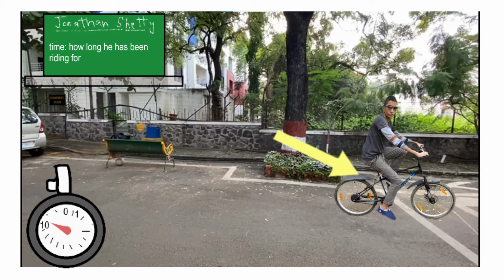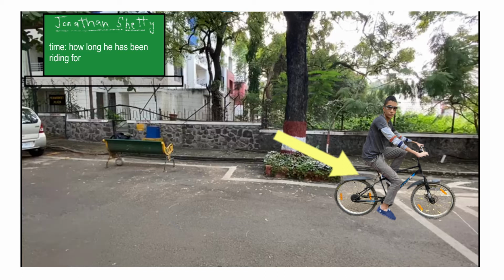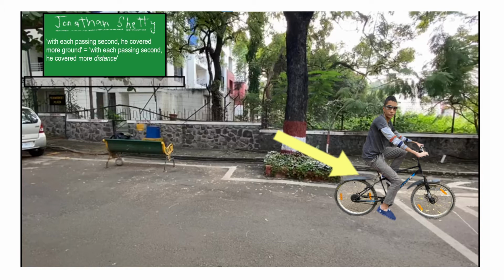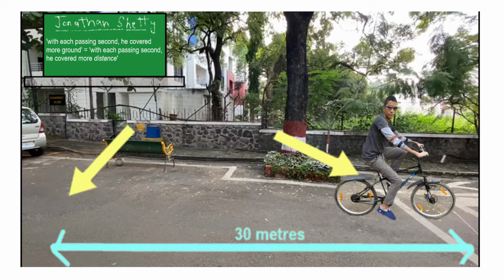After 10 seconds, his position was here. And that was the end of his journey. His position changed with time, and as you can see, with every passing second, he had covered more ground. He had covered more distance. The overall distance covered is 30 meters.